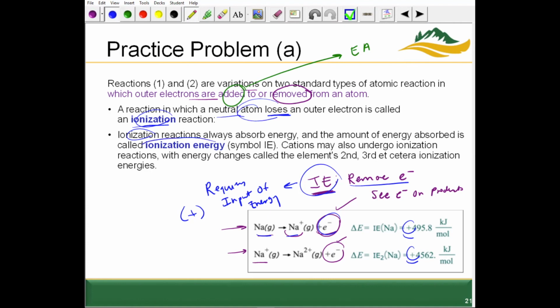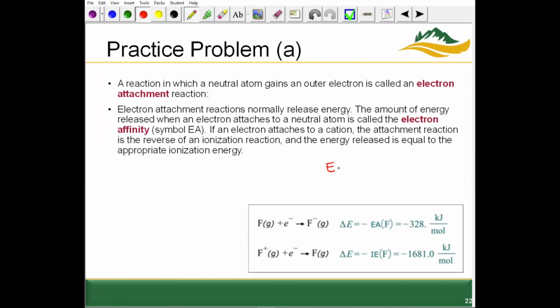This is what we've been talking about for the ionization energy. This is the first ionization energy because sodium is losing its first electron. For the second ionization energy, we expect that to be larger, which it is, because now it's losing a second electron.